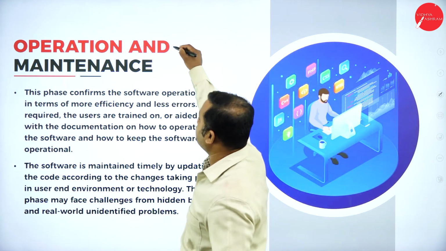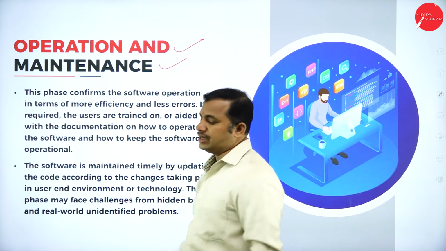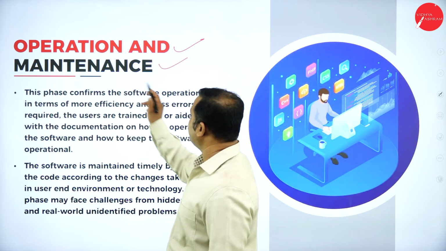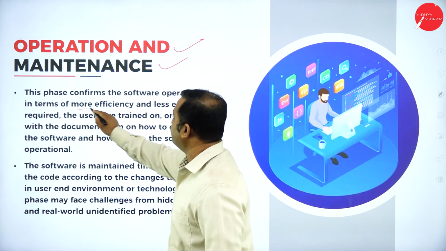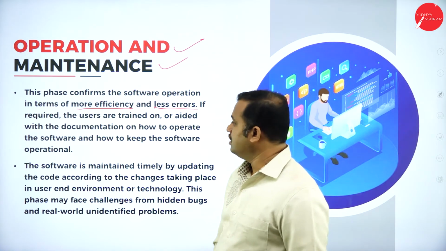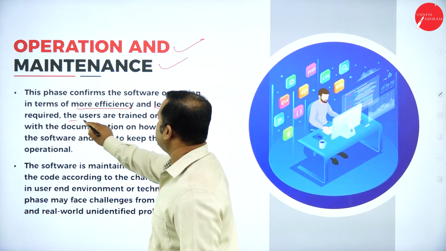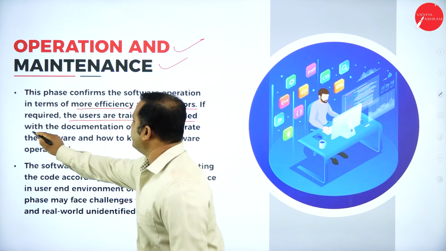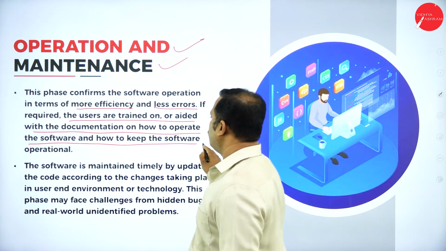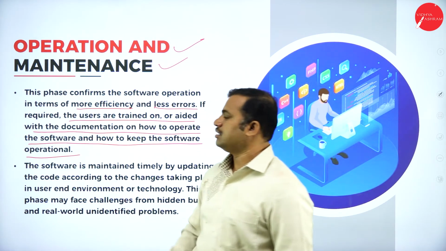The same thing applies here, operation and maintenance. What is the meaning of operation? This phase confirms the software operation in terms of more efficiency and fewer errors. If required, the users are trained on or aided with the documentation on how to operate the software and how to keep the software operational.